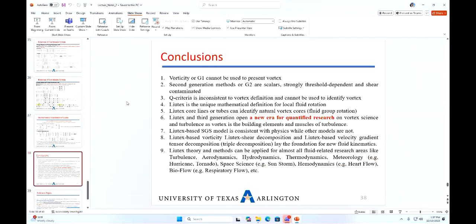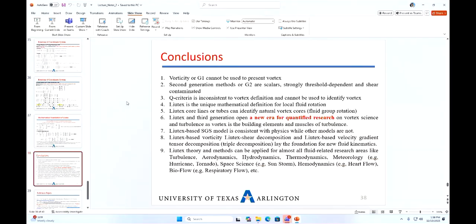Mutex is the unique mathematical definition for local fluid rotation. I give a definition. Some professors call it an axiom, not only a definition. Whether people agree with the axiom or not, I don't know, but I just listed it.